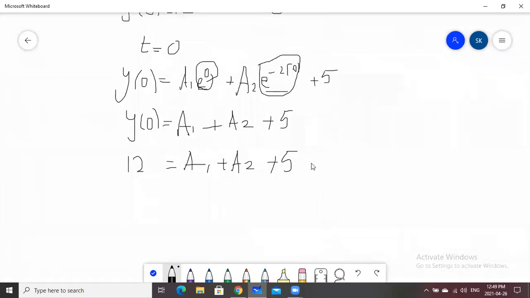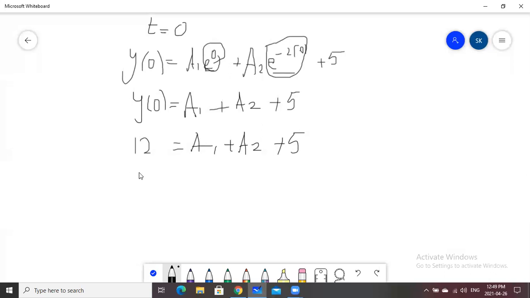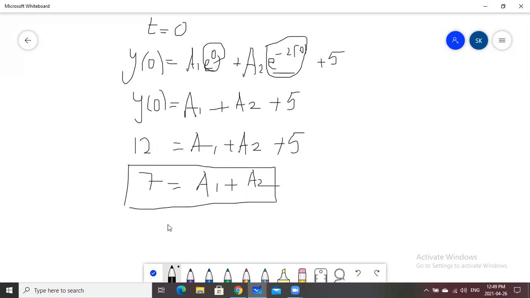Therefore, we will bring 5 to the left hand side of the equation. 12 minus 5 is equal to 7. 7 is equal to a1 plus a2. Now, this is the value of a1 plus a2. The sum of a1 and a2 is equal to 7.